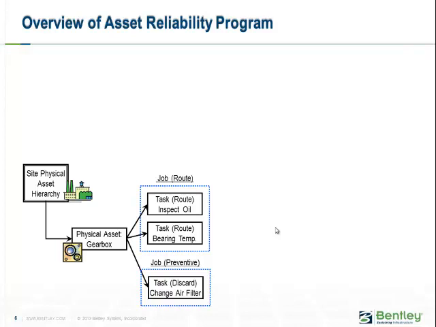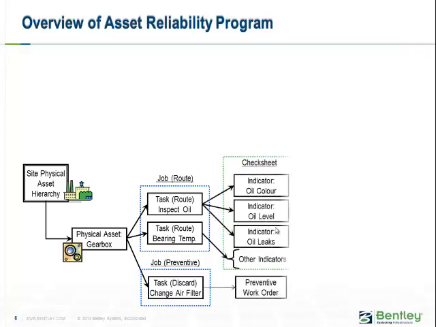One is an inspection route, the other is a preventative maintenance routine. On the inspection route, check sheets will be created from indicators assigned to the route. The indicators include oil color, oil level, oil leaks, and other indicators. From the preventive maintenance standard job, work orders will be produced on a predefined interval.